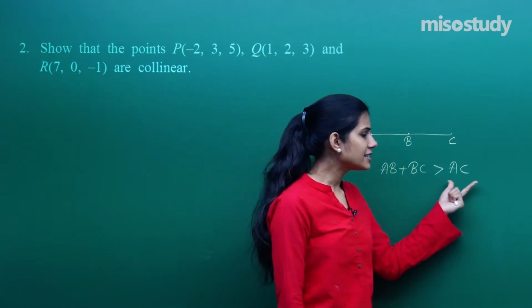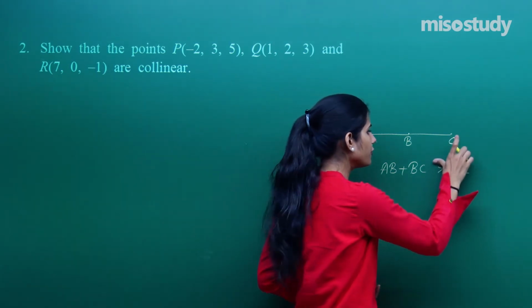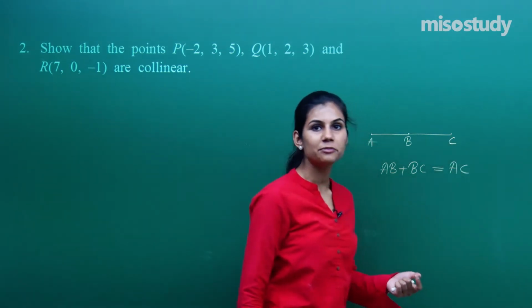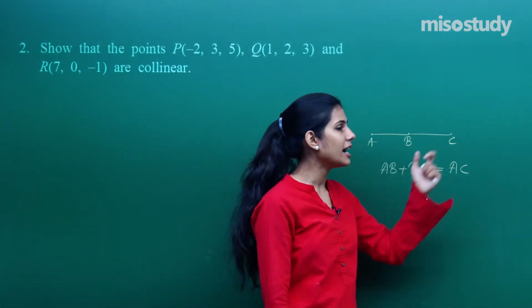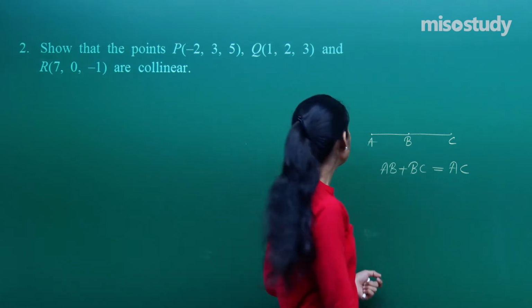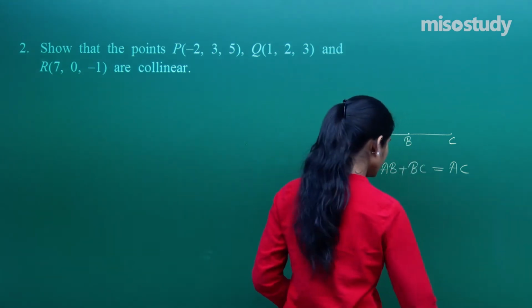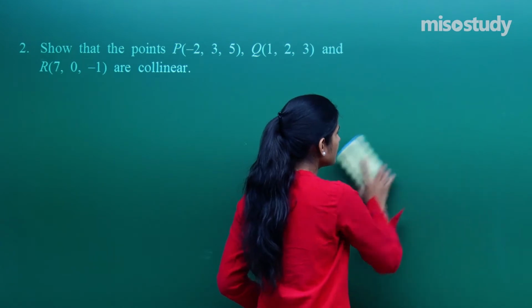But if the sum of 2 sides is equal to the third side, that means these 3 points are not vertices of an actual triangle, they are actually lying on the same straight line. So, if I need to show that these 3 points are collinear, I will be using the same concept.